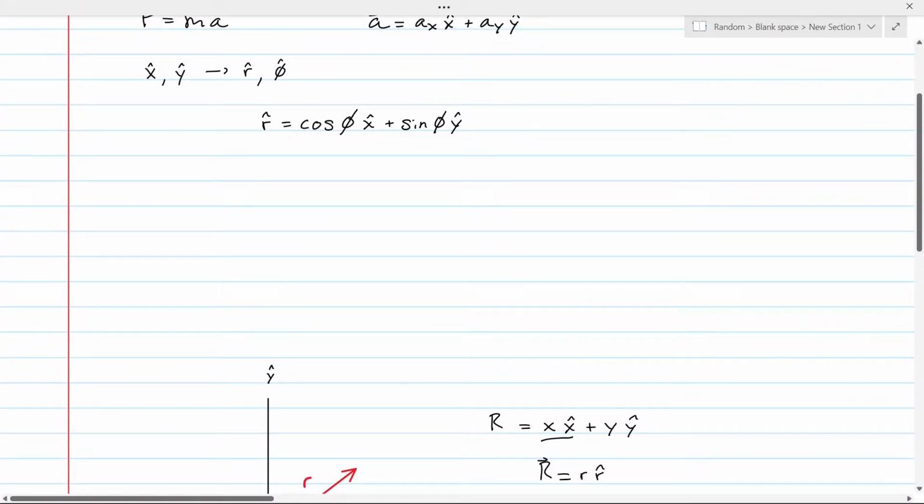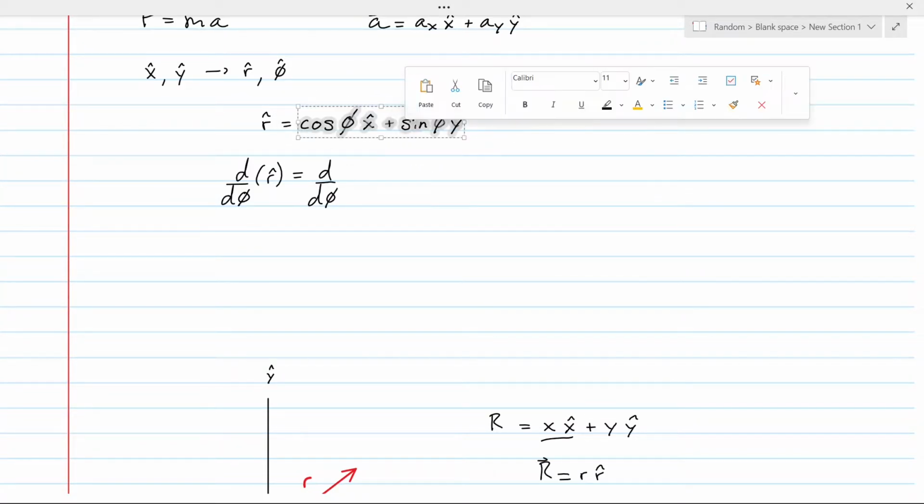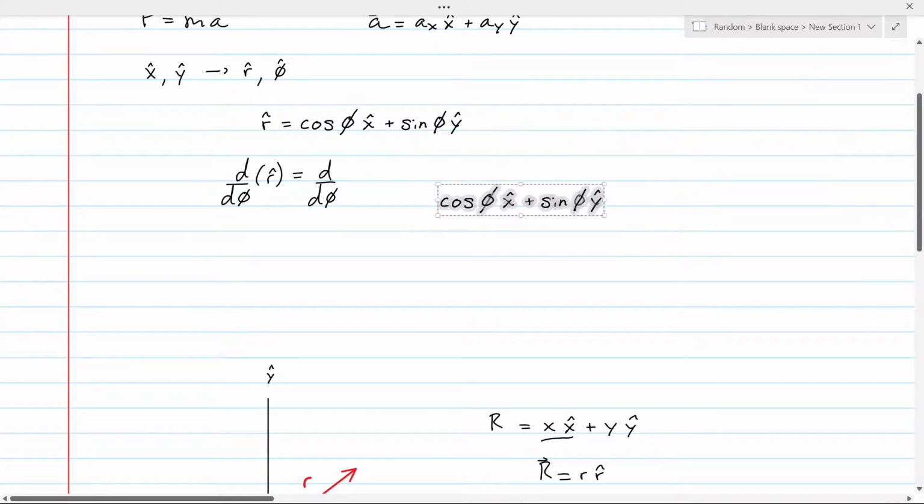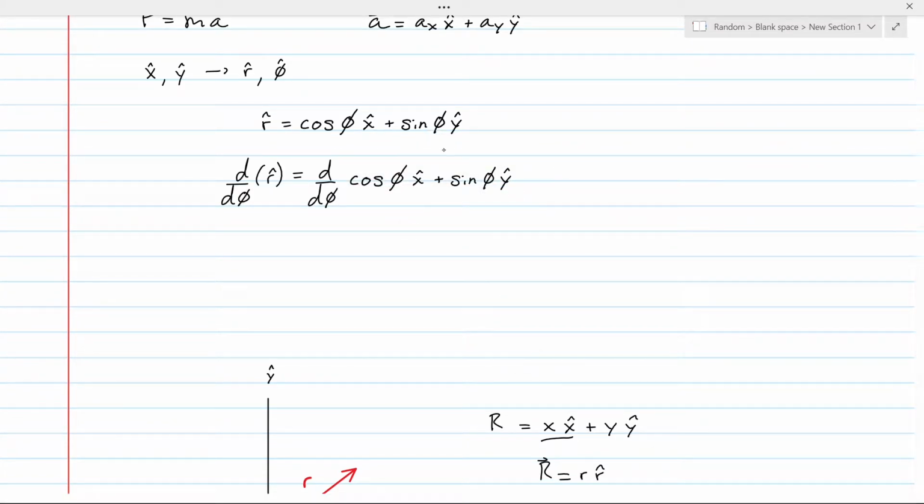Now, what if I took the derivative of r hat with respect to phi? Well, it's the derivative of this, which is going to be minus sine phi x hat plus cosine phi y hat, which, as it turns out, is equal to phi hat.